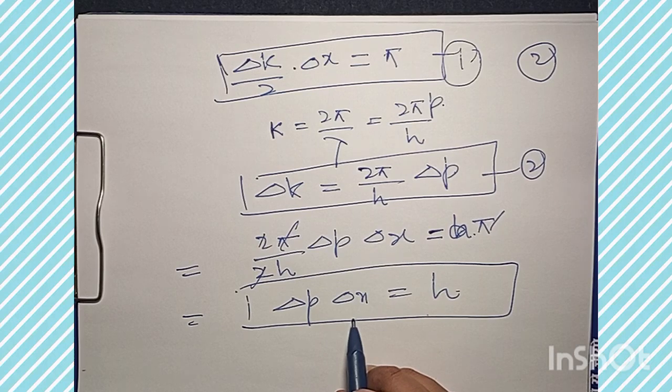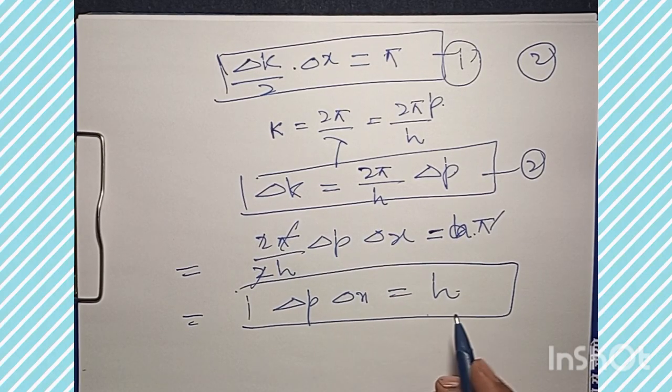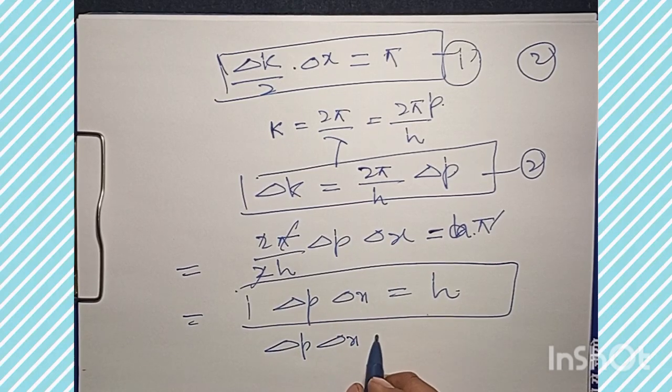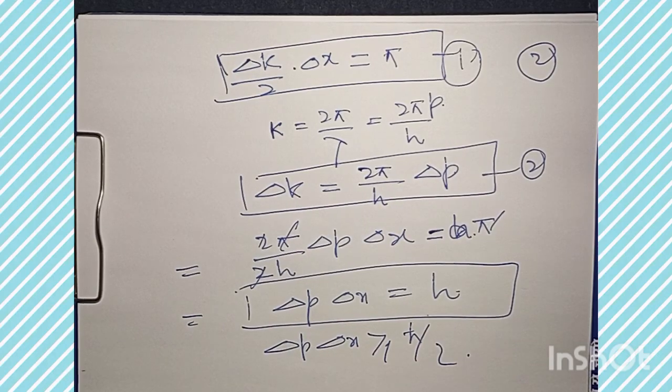In this equation, the equation that we have achieved here is very elementary. If we consider a group consisting of a large number of waves of continuously varying frequencies, we will get the product of this fundamental error in the measurements, delta p and delta x, greater than or equal to h cross by 2.